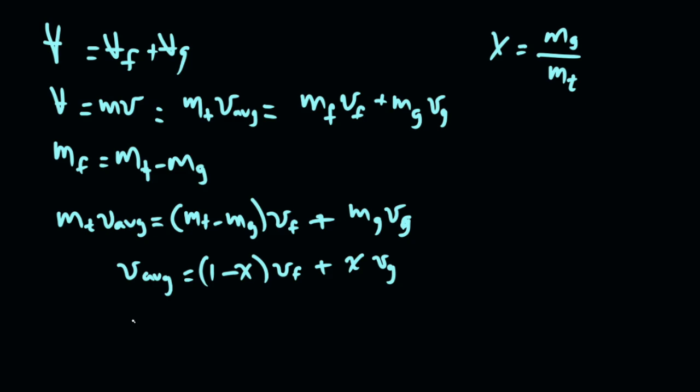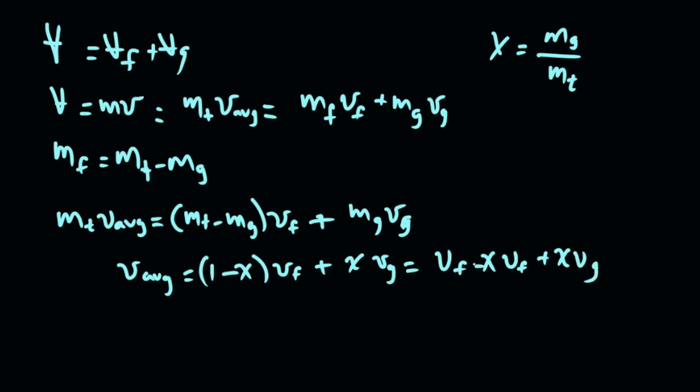If we go further and multiply through the (1 minus x) times V sub f, this is equal to V sub f minus x V sub f plus x V sub g.